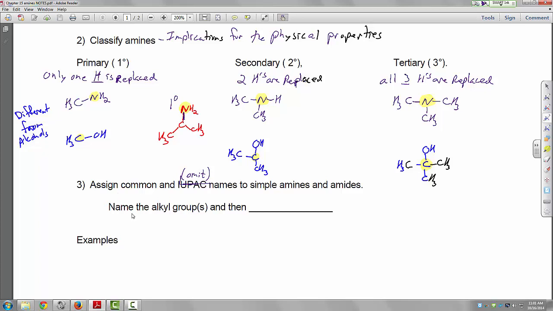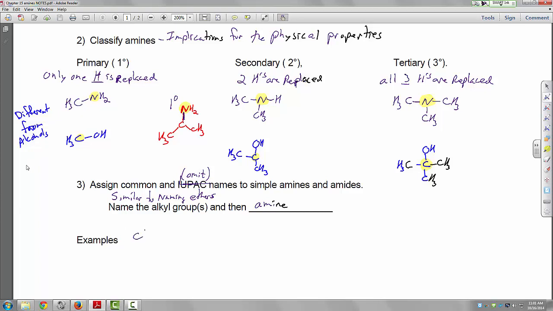When you name an amine, it's similar to naming ethers. With ethers, we just named the two alkyl groups that were attached to the oxygen and then said ether. Same thing here. We're going to name the two alkyl groups and then amine. So the first guy up here, we have a methyl group.